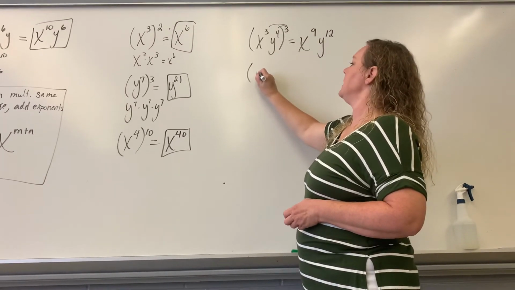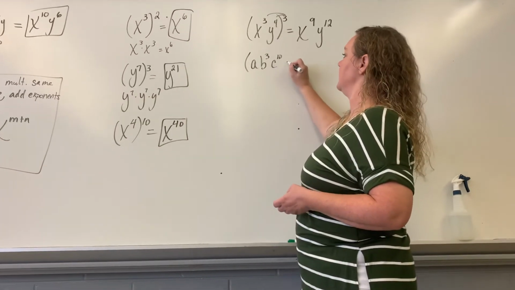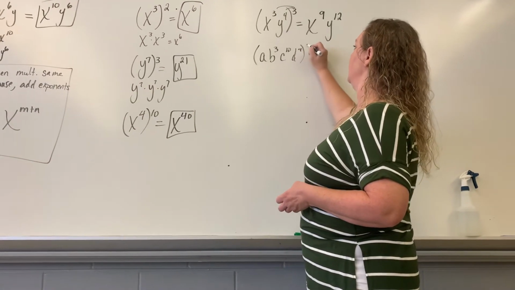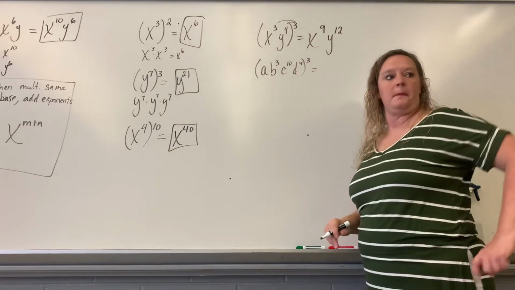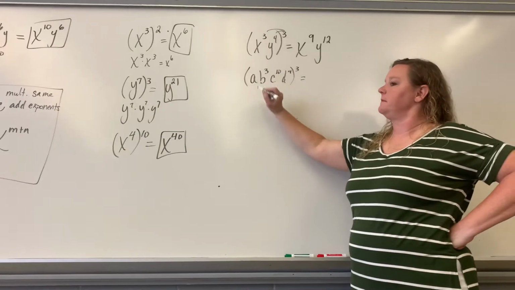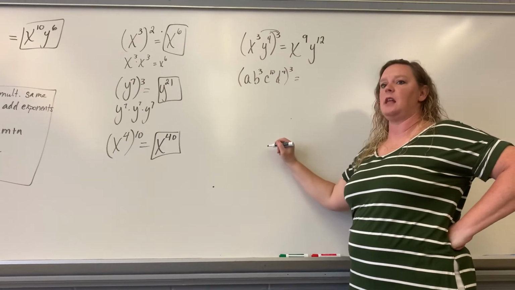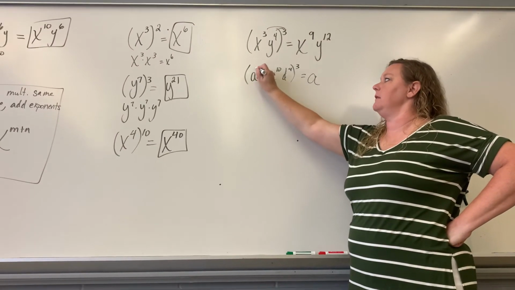All right, what is a, b to the 3rd, c to the 10th, d to the 4th, all to the 3rd? What exponent is here? 1. Don't forget that, because a lot of times people will just write a. They'll forget that there's a 1 here, right?